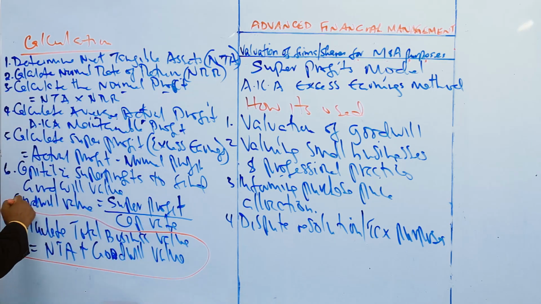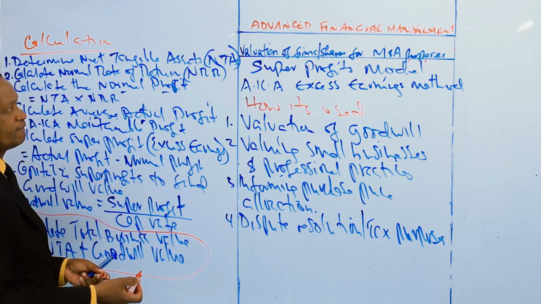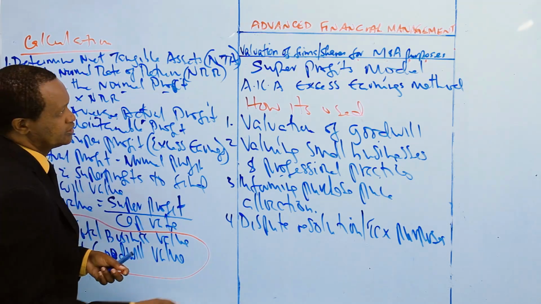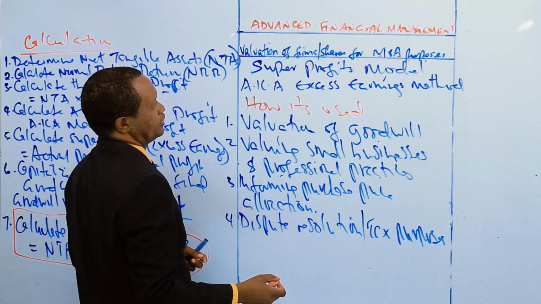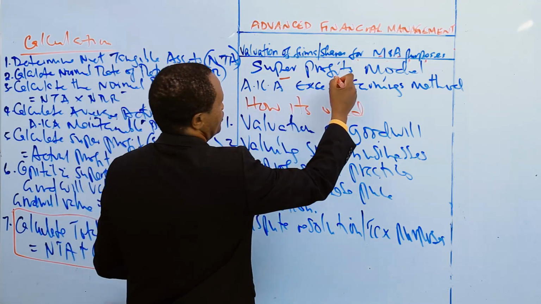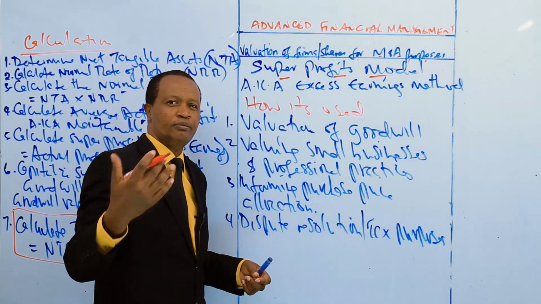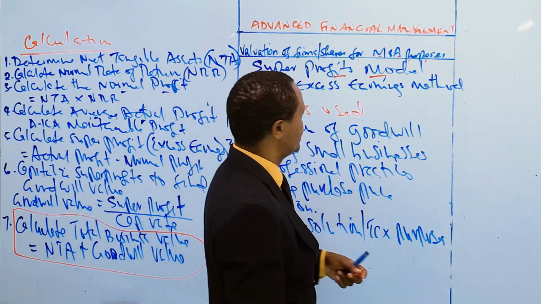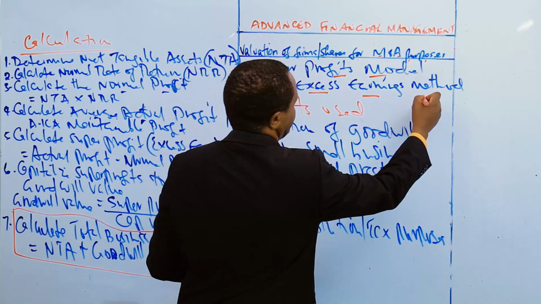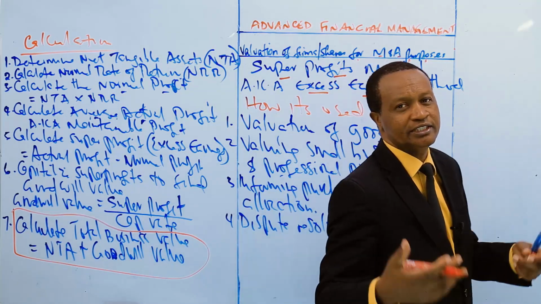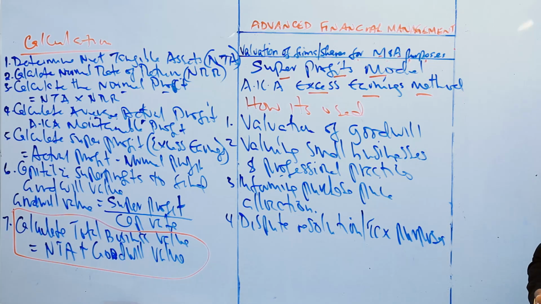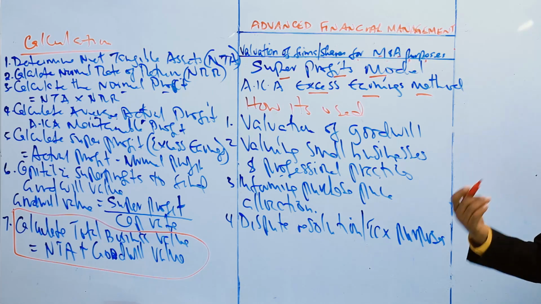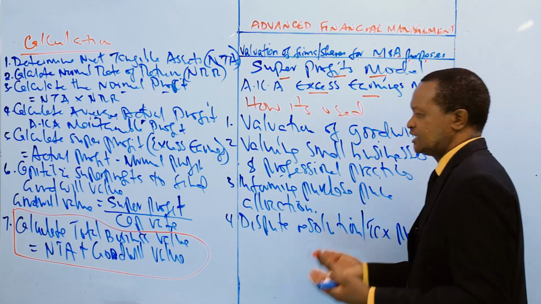Candidates, we are studying various methods that can be used to value firms for mergers and acquisition purposes. We are on the fourth method, which is the super profits model, also known as the excess earnings method. We began by saying that this method is primarily used in mergers and acquisitions to determine the value of goodwill or the value of intangible assets.